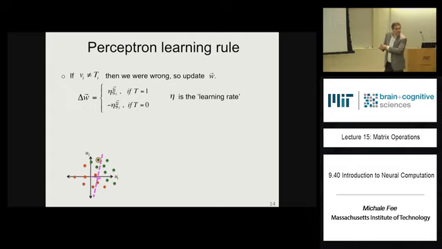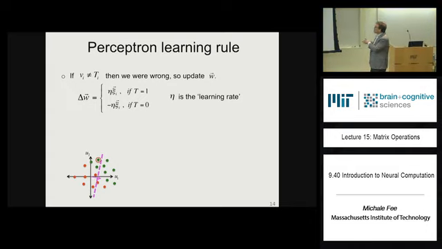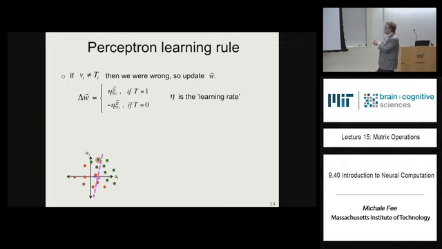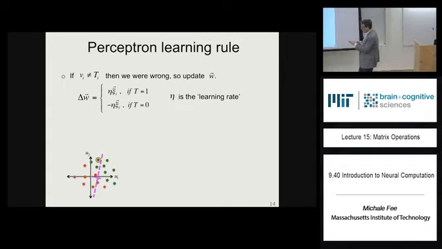Does that make sense? So we change W in a way that depends on what the input was and what the correct answer was.